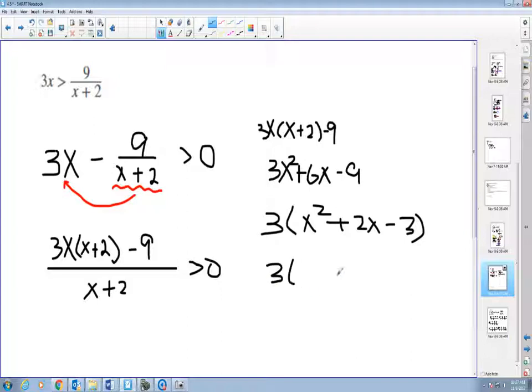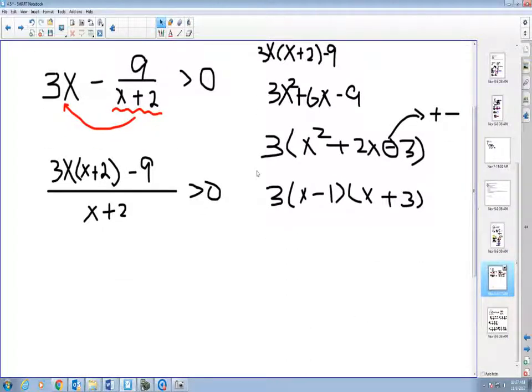So if I continue to factor my trinomial, what times what is 3? 1 and 3. Since the last sign is a negative, the choice is 1 positive, 1 negative. So to end up with a positive 2 in the middle, I got to have a positive 3 and negative 1.